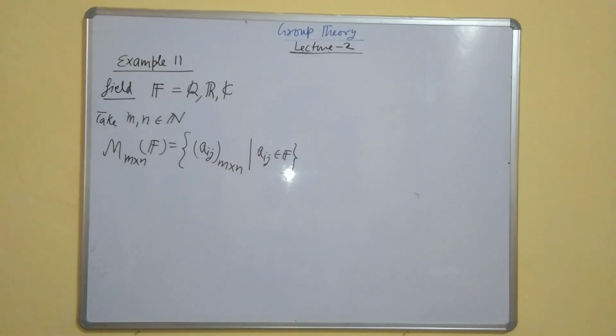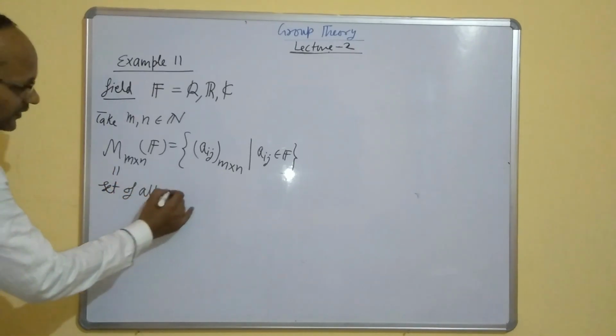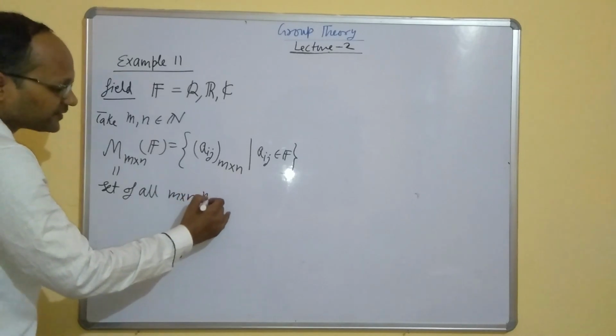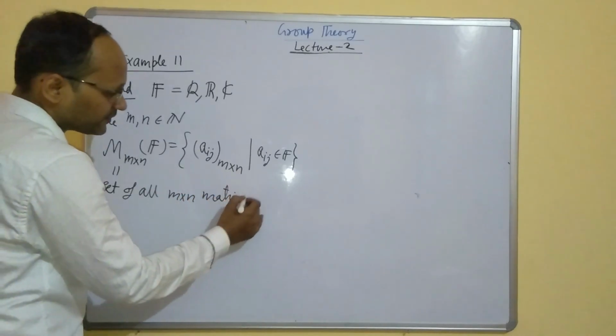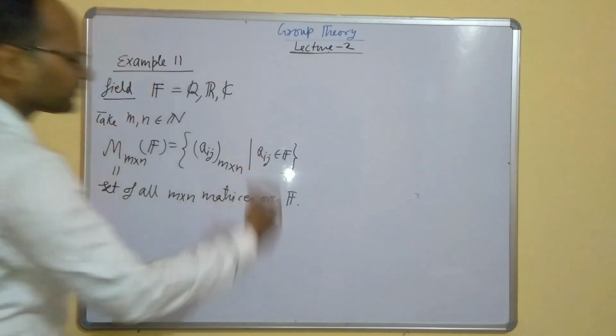So this is the set of all m cross n matrices over F.